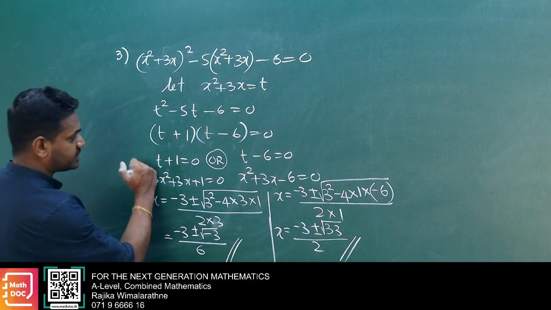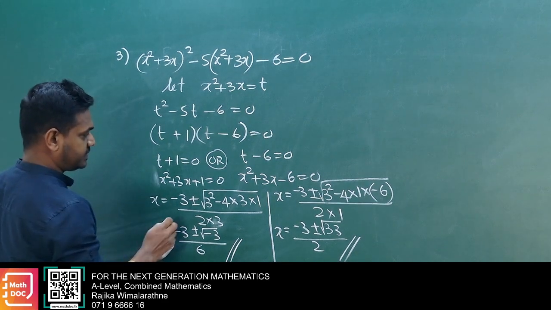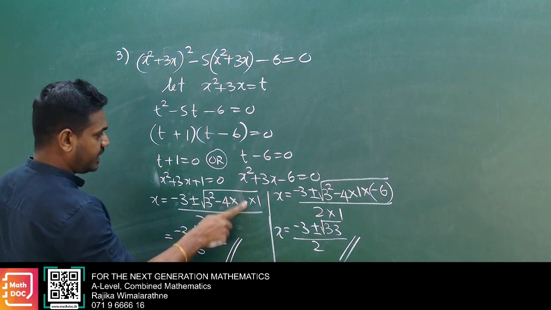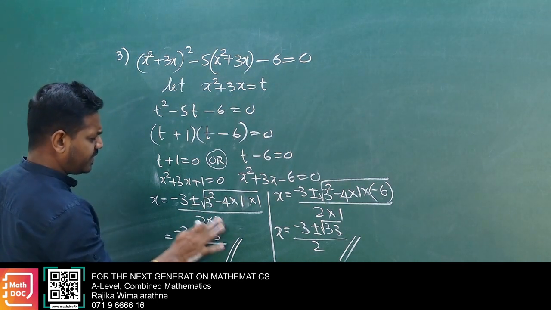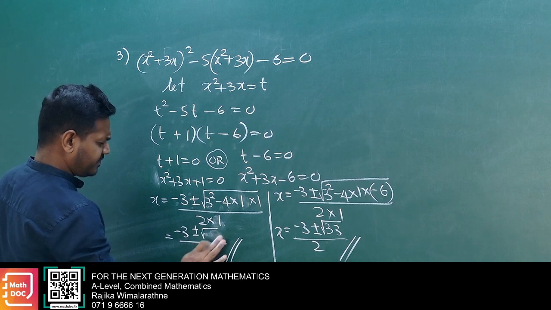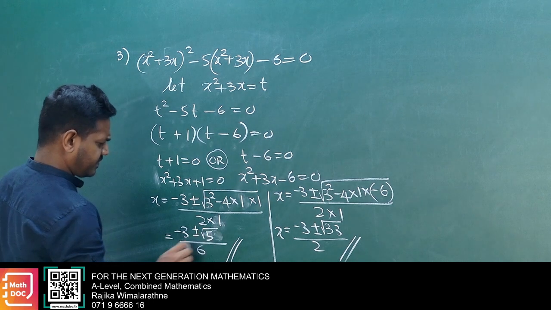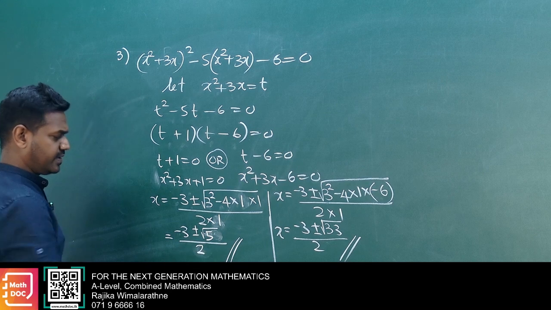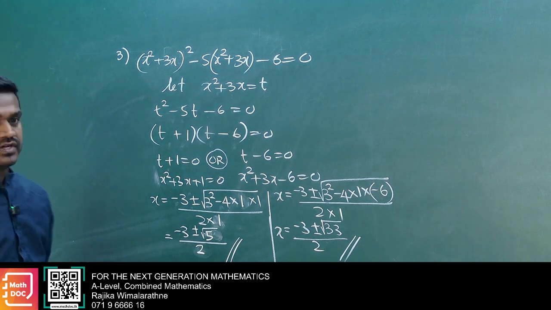Here x squared plus 3x, no? x equals minus b plus or minus root of b squared minus 4ac, divided by 2a. Minus 3 plus or minus root 5 over 2.